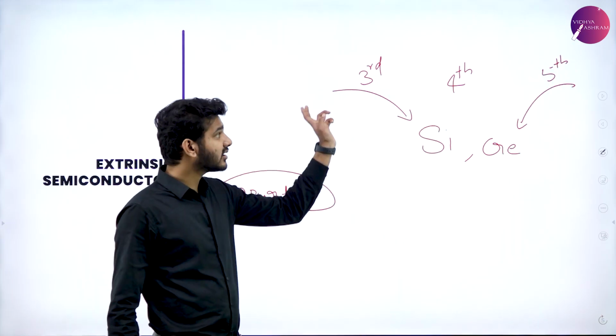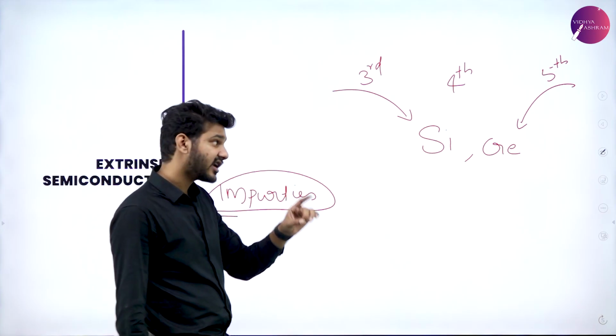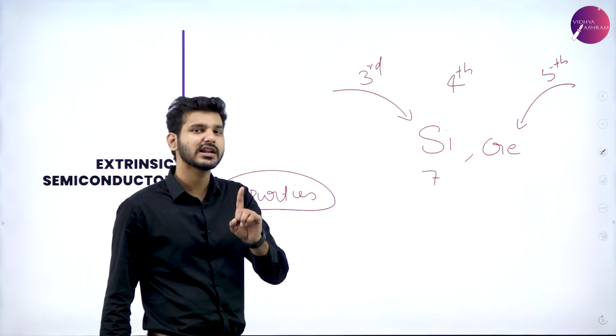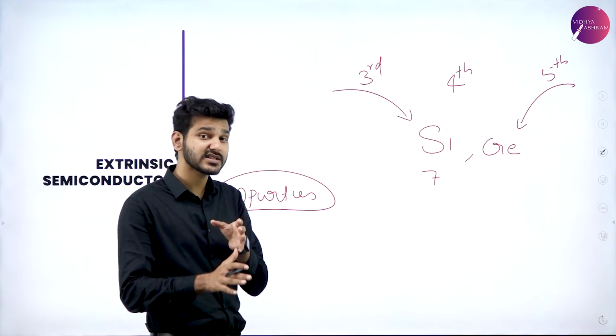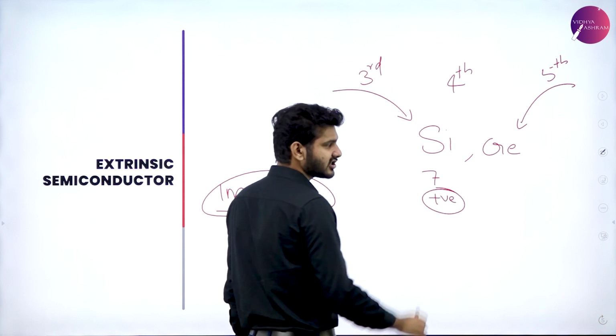If I'm adding a third group element, there will be 7 electrons. It is short of 1 electron to complete its valency, which means that it is partially going to be positively charged.